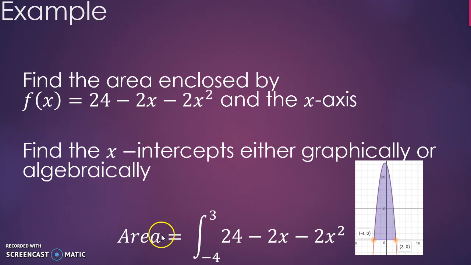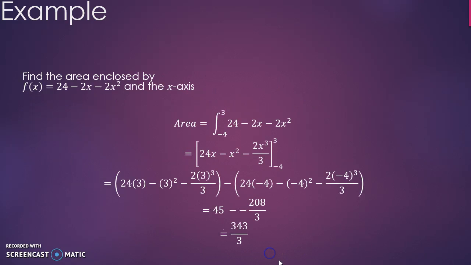And so the area is given by the definite integral between x equals -4 and 3. So again, that's where our x-intercepts are, and the function 24 minus 2x squared.